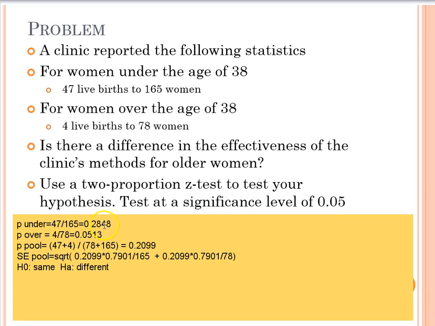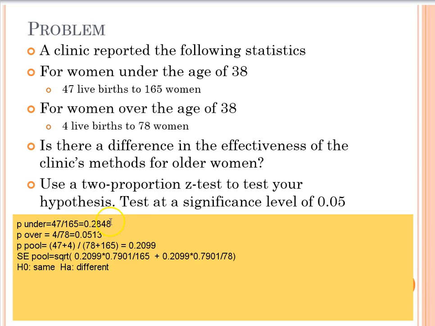Now we want to test to see whether or not these two types of women, women over 38 and under 38, are different. You can see here the rates are different, 28% compared to 5%, but these are just samples of the population. We want to know, is the population different?